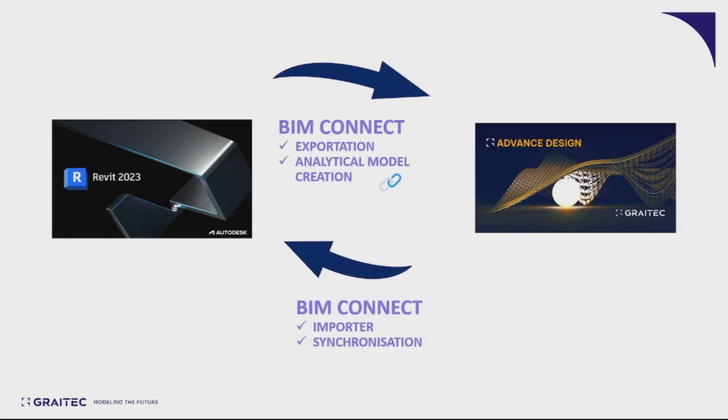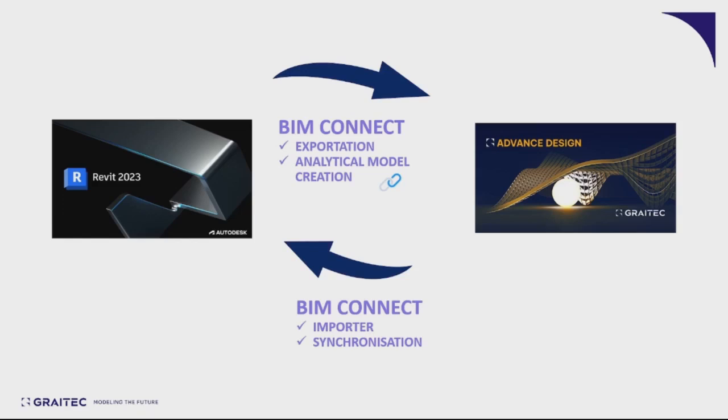The model can be transferred from Revit to Advanced Design, following some modifications that need to be done in Revit. And then after analyzing the model and performing any design, any modification on the sections based on the design, the model can be transferred again from Advanced Design back to Revit and be able to access the results we obtained using the finite element analysis of Advanced Design.